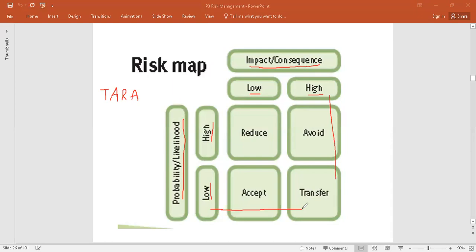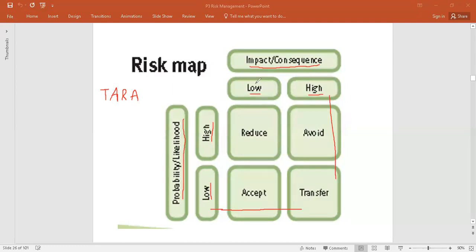So when it happens, instead of bearing that risk, instead of accepting that risk, they can transfer it to an external entity, that is, to an insurance company. As against that, periodically they would pay a premium amount. So that is the response of transfer.